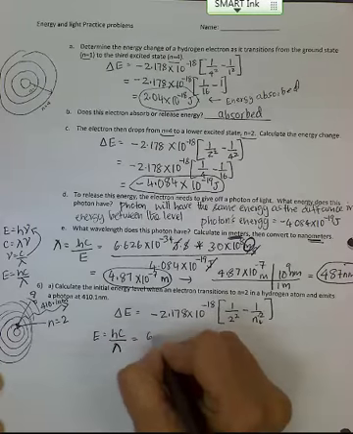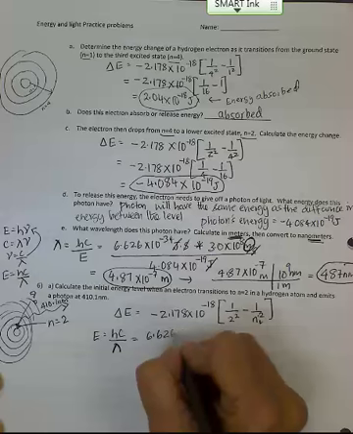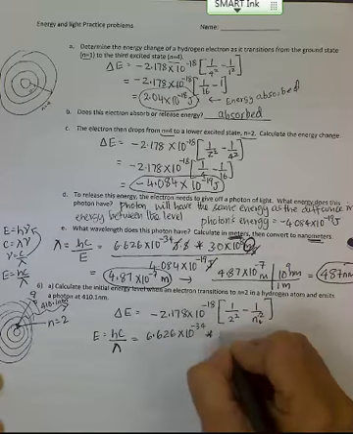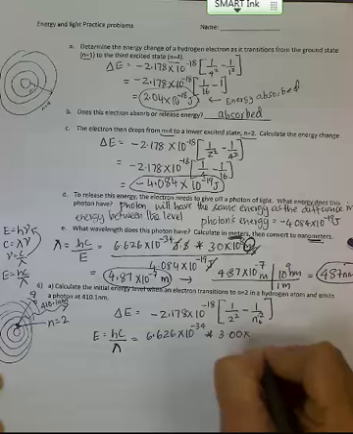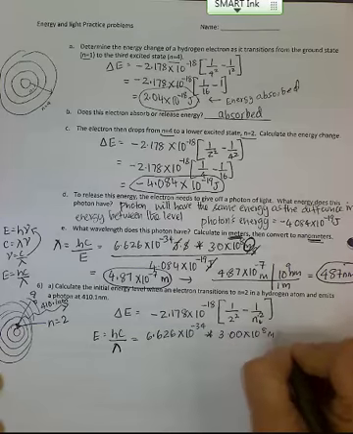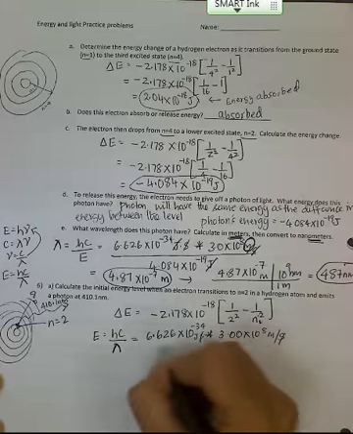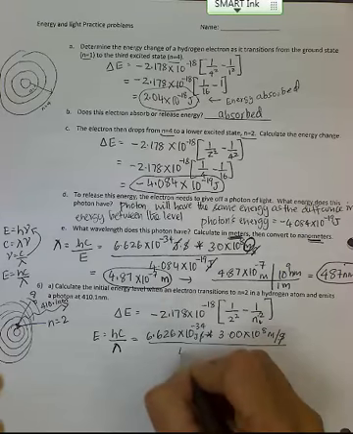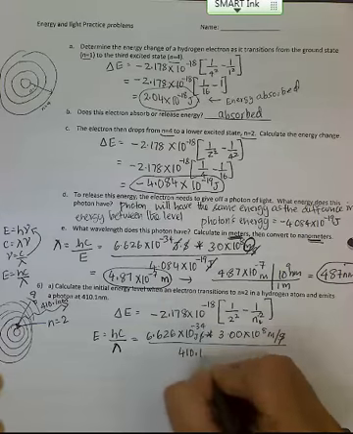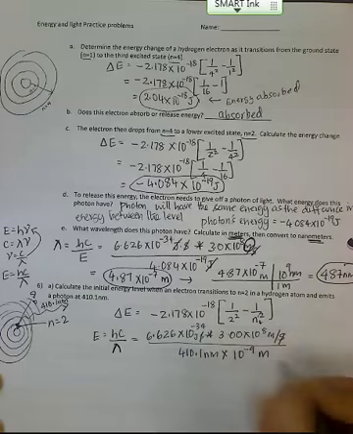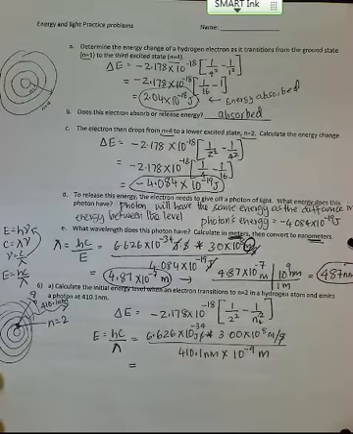So if I substitute in the equation 6.626 times 10 to the negative 34 times my speed of light, this is joules second, divided by my wavelength 410.1 nanometers, I'm going to convert it into meters by multiplying by 10 to the negative 9.